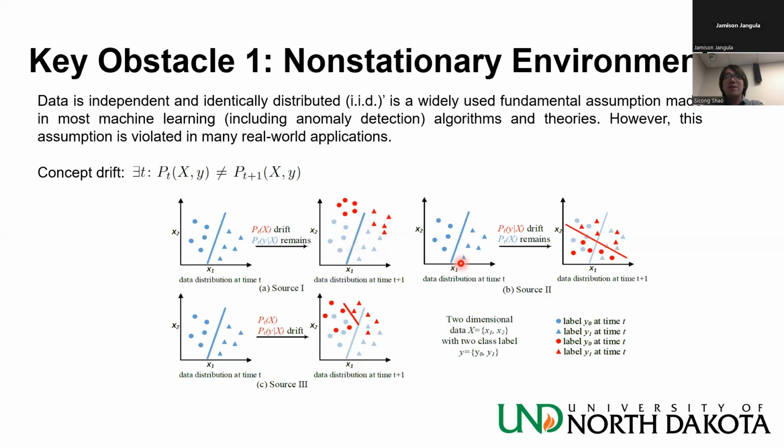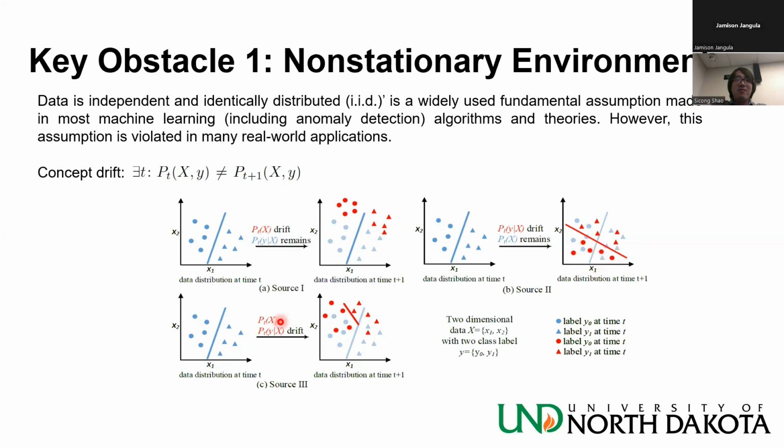And the problem is when your posterior probability changes. In that case, as you can see here, your decision boundary is completely changed. If you train a machine learning model using this data, and later you do the prediction, and your test data follows this distribution, as you can imagine, your performance will be very bad.